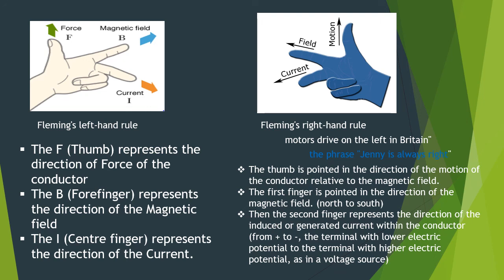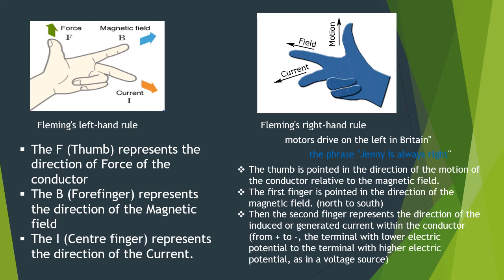While talking about the right hand rule, the thumb represents the direction of motion of the conductor relative to the magnetic field, the first finger points in the direction of the magnetic field, and the second finger represents the direction of the induced current within the conductor, from the terminal with lower electric potential to the terminal with higher electric potential, as in a voltage source.